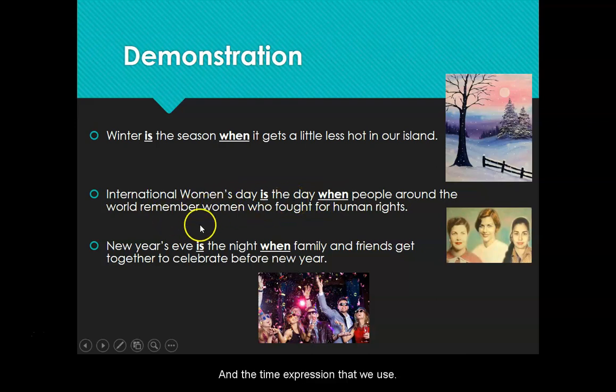And the time expression that we use for New Year's Eve is the night. Then again, the time expressions would be the season, the day, and the night for the examples we have in here. Now I believe it's time to practice, and this is how we're going to proceed.